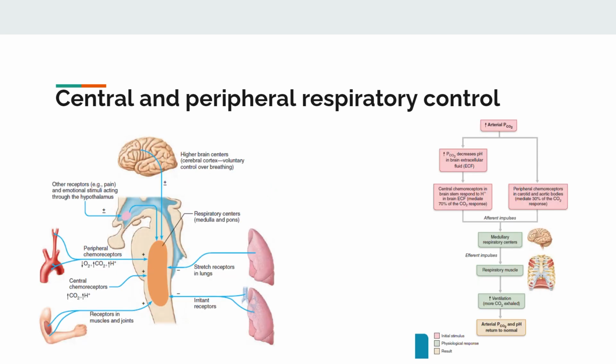I've got little diagrams here of how exactly this works. I do want to note that you might have read and heard in your lectures about the DRG, VRG, pre-Botzinger complex, etc. These are pretty low yield, so I wouldn't really remember too much about them.